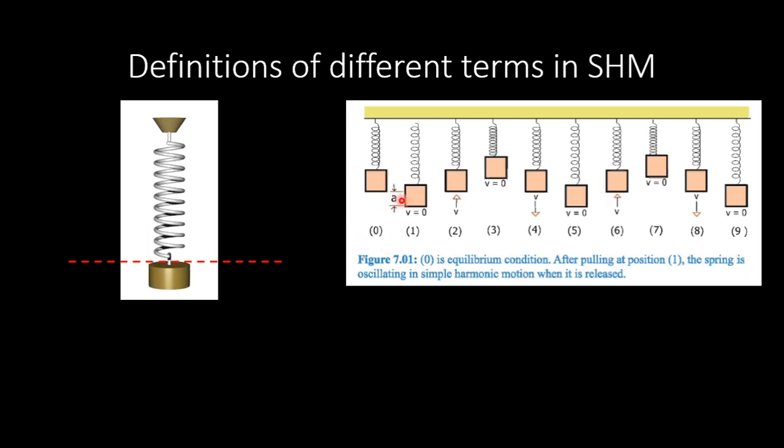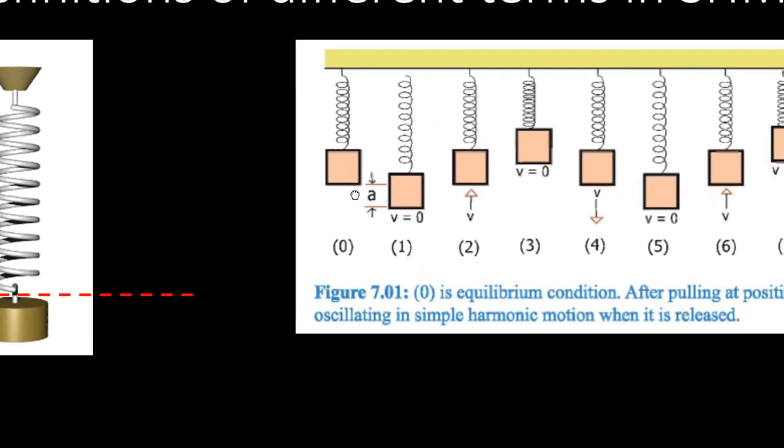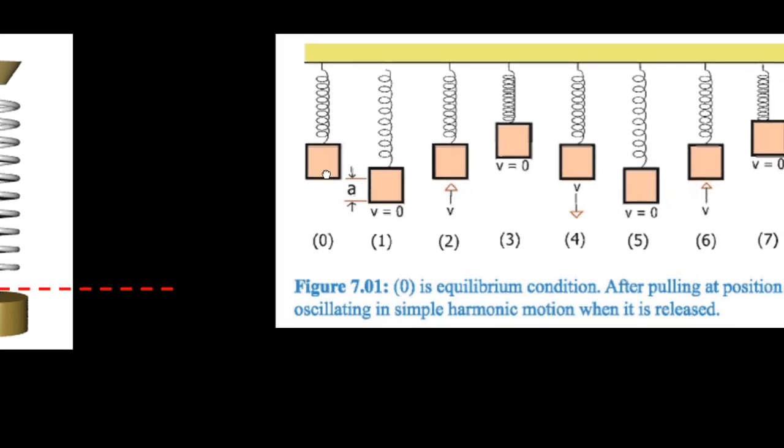So in this figure you see that the position of the mass at figure 0 is at the equilibrium position, and that is now swinging, coming downward and then upward.